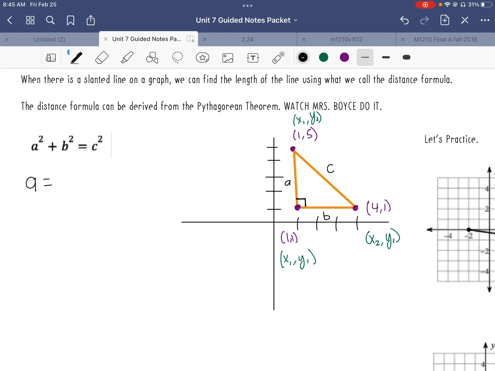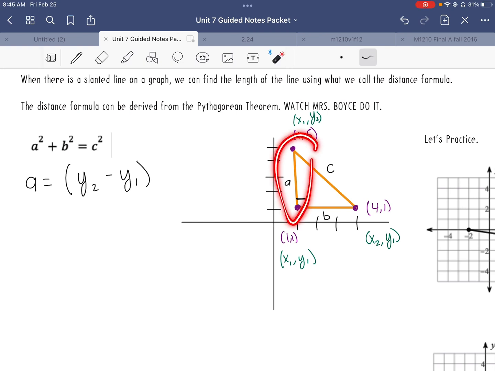You can find the length of A by doing y2 minus y1. For this triangle specifically, you would do 5 minus 1 to get your 4, exactly what we think it should be. But again, let's pretend we're just talking about a general triangle. This is still going to hold true.